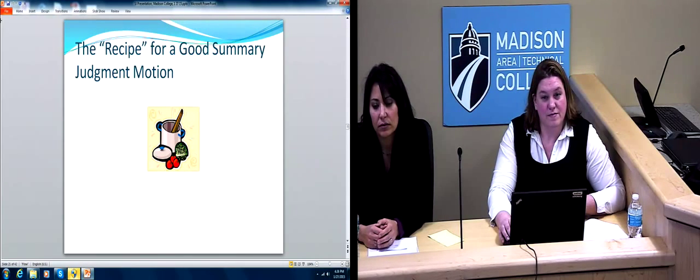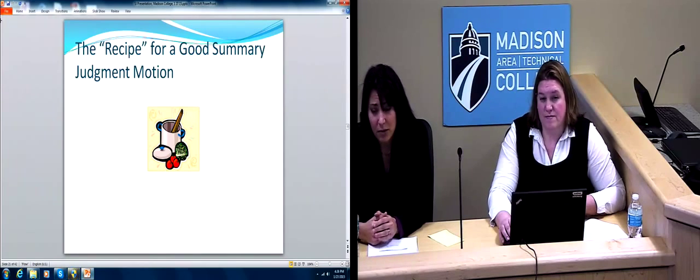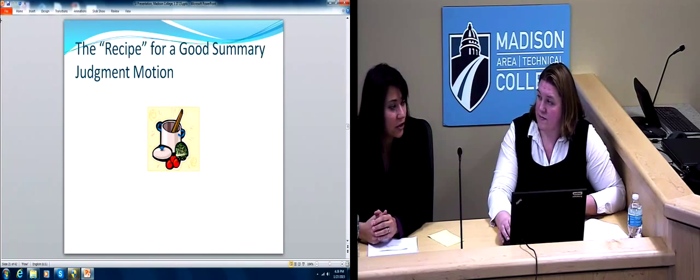Question. Yes. Are there situations when a judge will dismiss a case without regard to a summary judgment, just on his or her own? There are, and that's actually a very complex question. Judges can sua sponte dismiss things, and sua sponte is, I think, a Latin word that means on your own or by yourself or of their own volition.